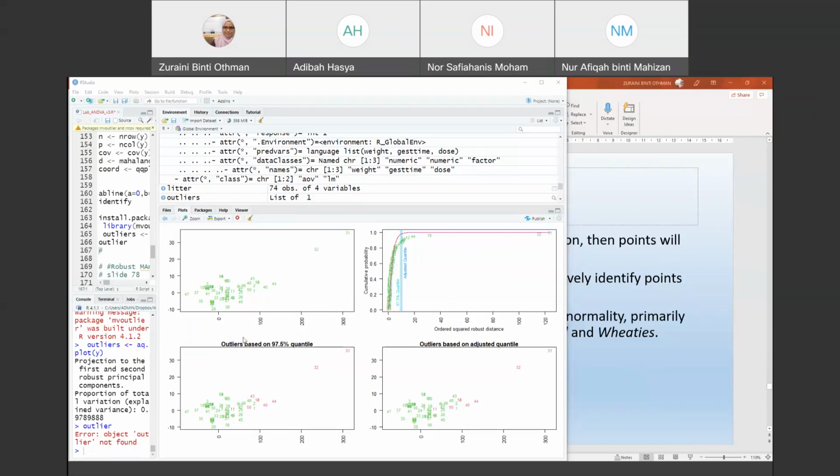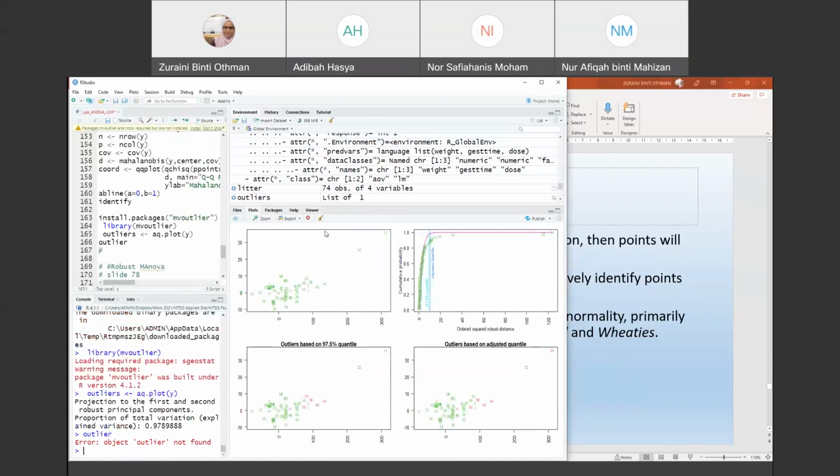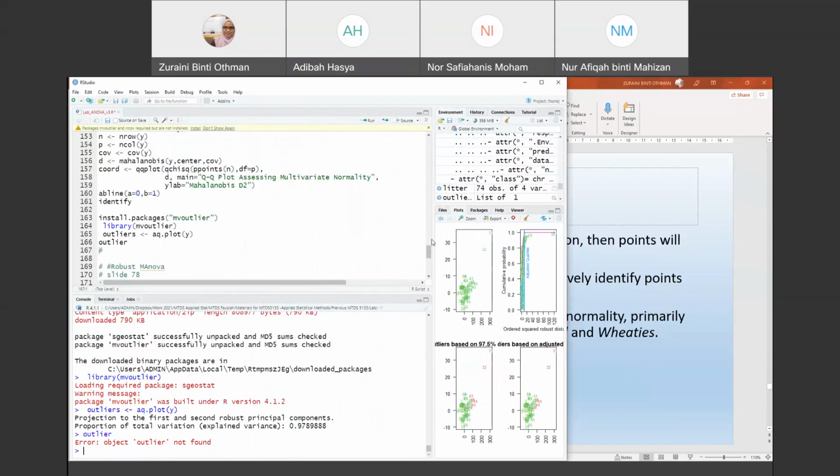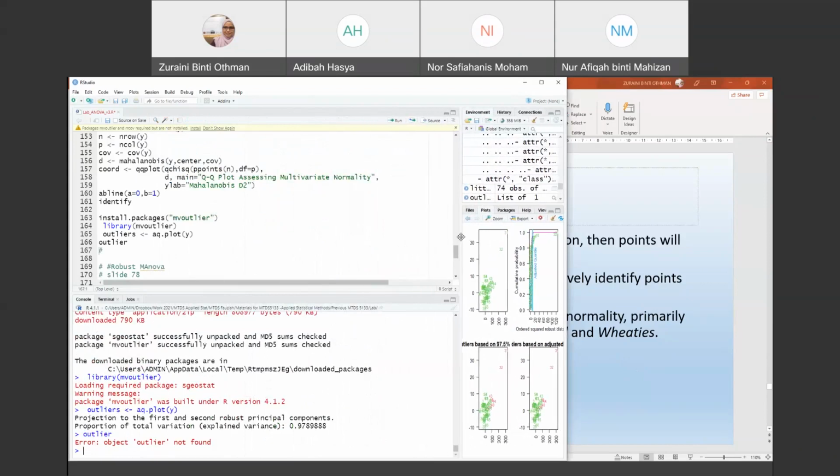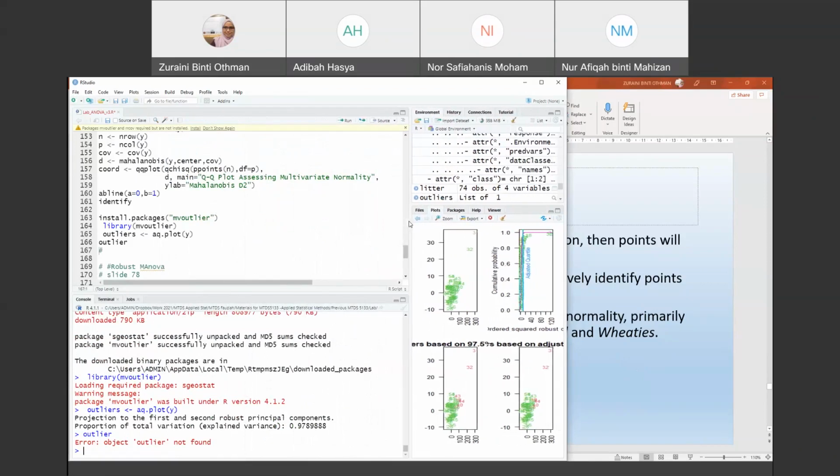This is AQ plot. Nama dekat R ni, we are doing the AQ plot. Okay, okay tak ni? And kalau macam soalan-soalan macam ni nanti kan dia kalau dia kita tengok data kita.